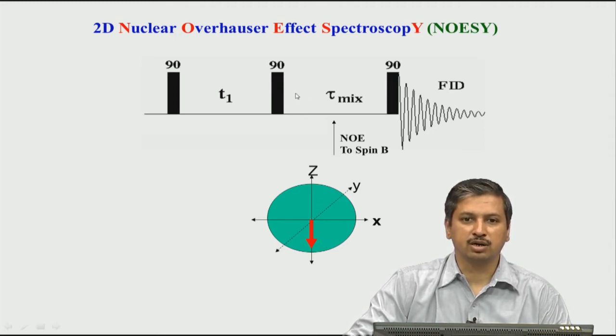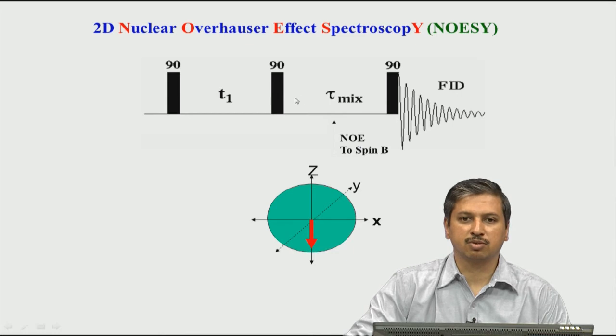During this period, when it is relaxing back to the z axis, we start transferring the polarization to another spin B. So, suppose this is spin A, it has been brought to minus z axis. During this period, which is called mixing time, it is transferred to spin B by the effect of NOE, nuclear Overhauser effect.